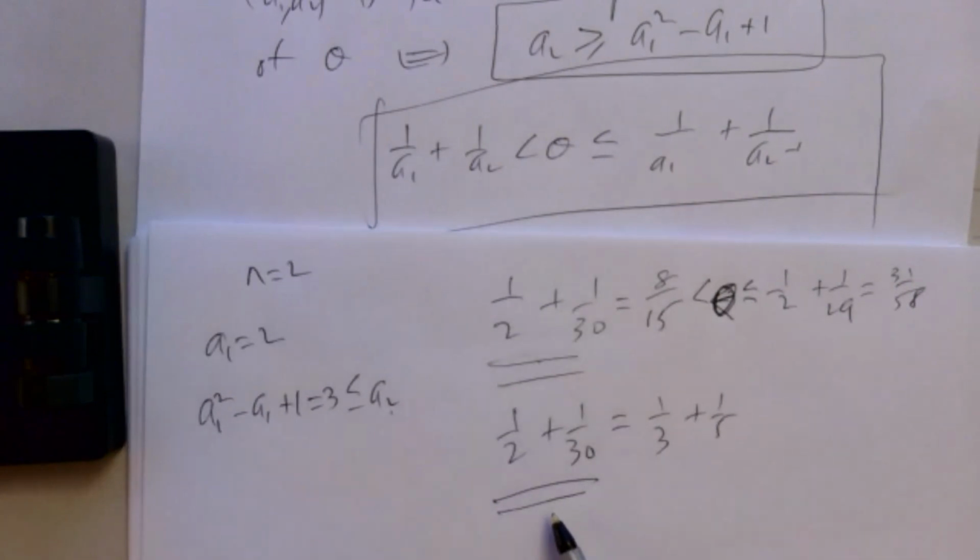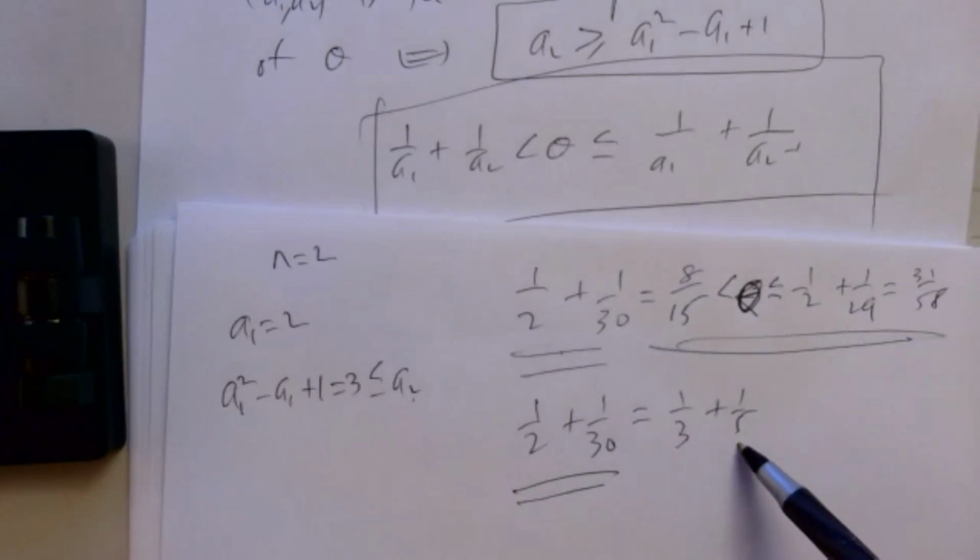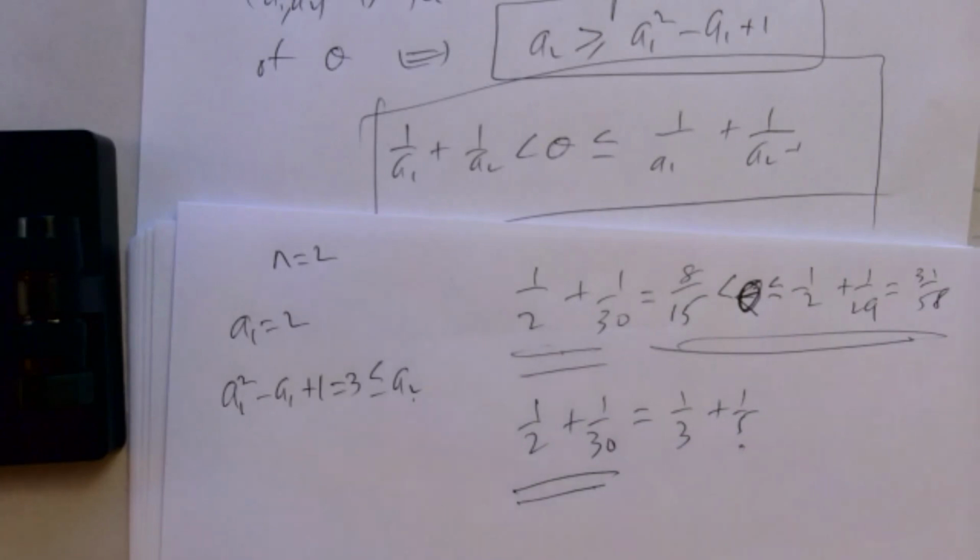So this is a best two-term under approximation to every theta in this interval. But a third plus a fifth is equal to this. So you have a second two-term under approximation. The under approximation isn't unique. Okay.